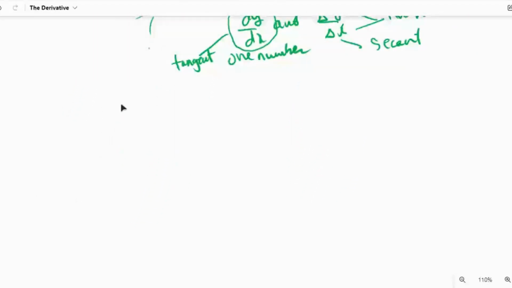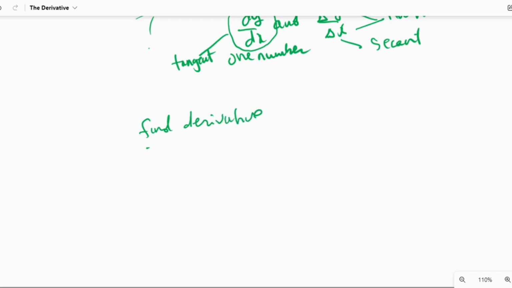So for the sake of doing derivatives, we say: find the derivative of f(x) equal to x squared plus 2x at x equal to 2.